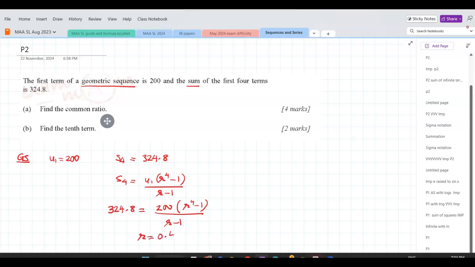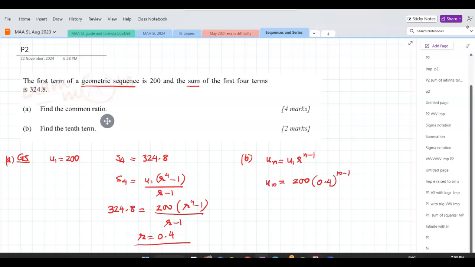Perfect. Now what do you do? Find the 10th term. How do you find the 10th term? Un is U1 into r raised to n minus 1, so U1 is 200, correct? r raised to 10 minus 1.